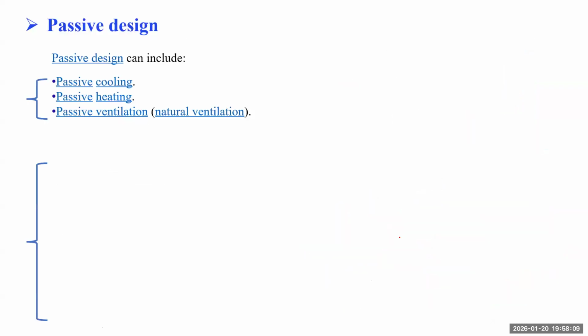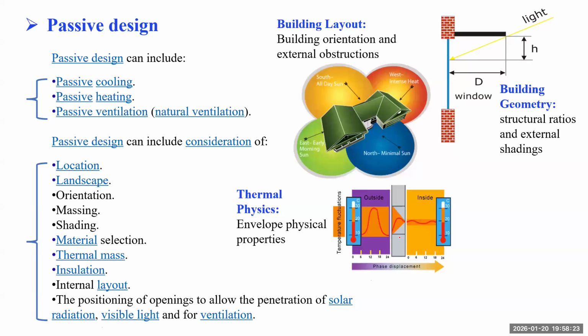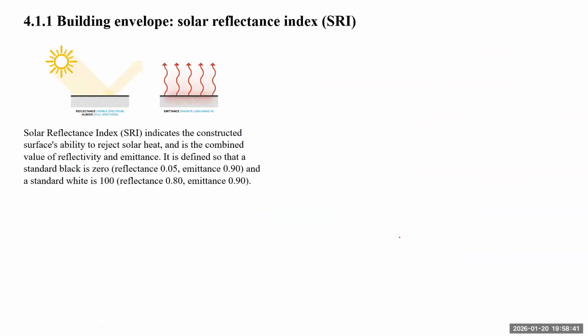We can even consider the microclimate, including achieving optimized building orientations and external obstructions, the massing, the shading, the optical properties of the building envelope, and also the mass transfer between outdoor and indoor environments, which is called infiltration, exfiltration, etc.